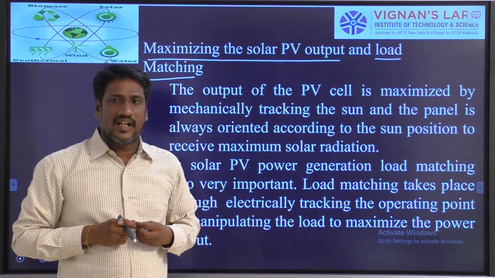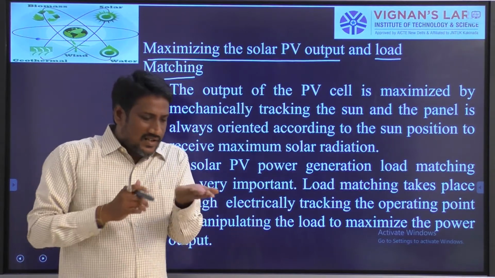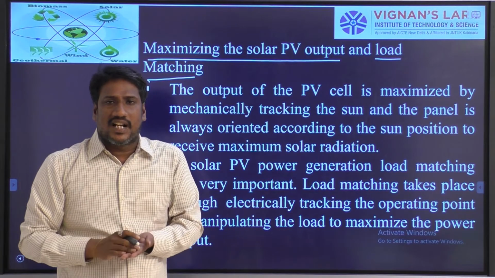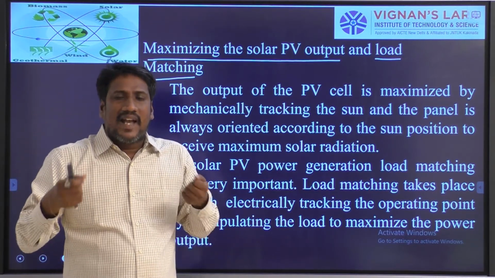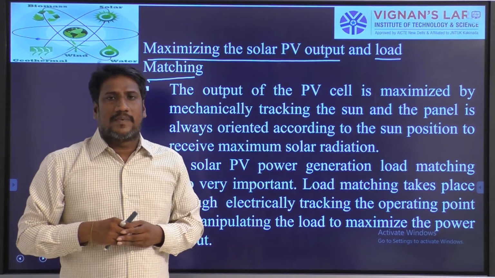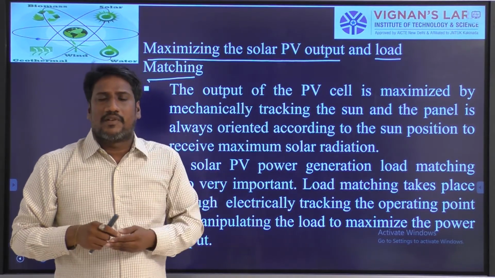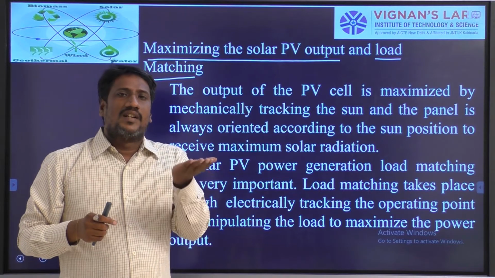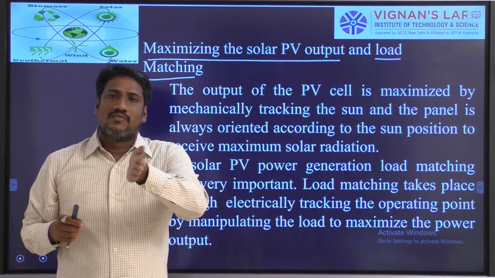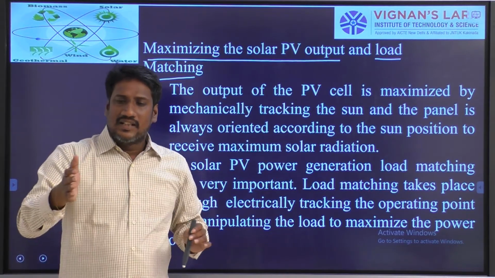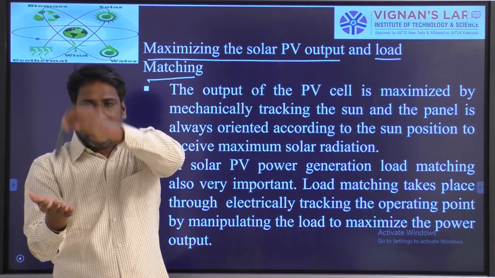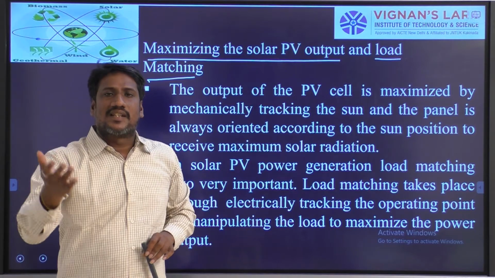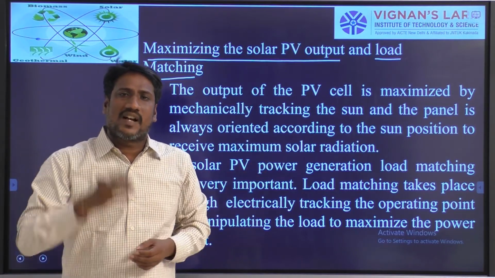So throughout the sunshine hours, if you want to generate the maximum amount of power with the PV cell, continuously the panel has to move according to the sun, in such a way that the ray strikes it exactly at right angles, such that it can produce the maximum amount of power all the time.